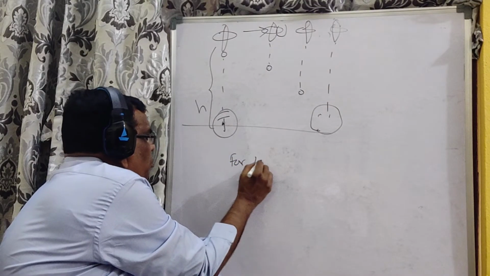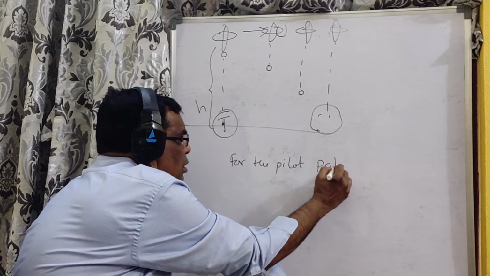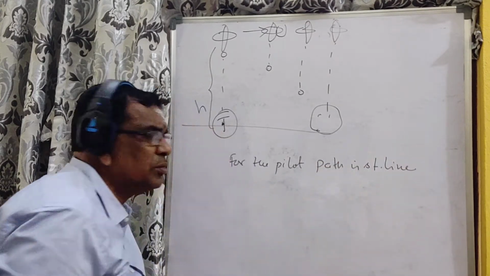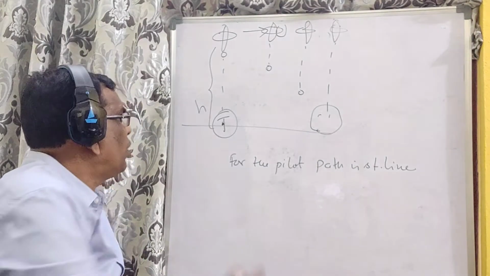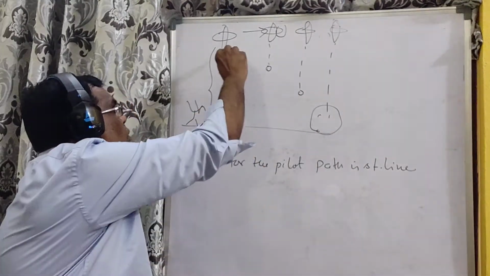For the pilot, the path is a straight line. For a ground-based observer, how does it look?